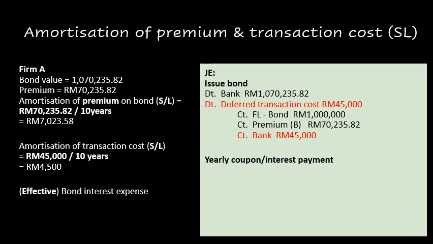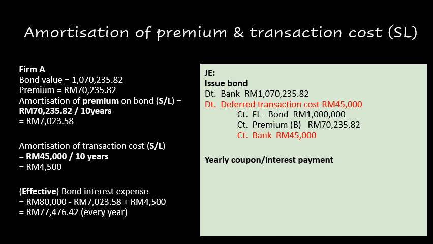Now, since the transaction cost has actually been taken into consideration when calculating the bond value, the effective bond interest expense will need to include the transaction cost as well. So the interest expense will be the net amount from the coupon payment, the effective interest, as well as the transaction cost. Therefore, for this example, we will have a total interest expense of 77,476 ringgit and 42 cents every period.